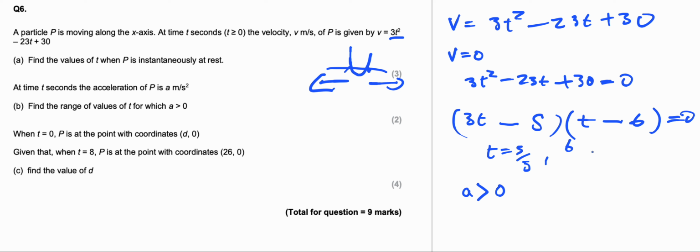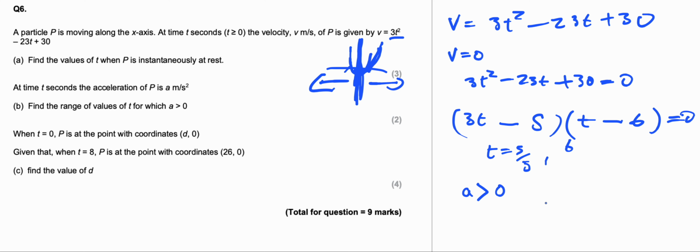Also part B, sorry. Find the range of values for which a is greater than 0. That means we want to know when the acceleration is positive. So when the acceleration is increasing is when the gradient is getting bigger. So that's in the second half of the graph, anything after the lowest point.